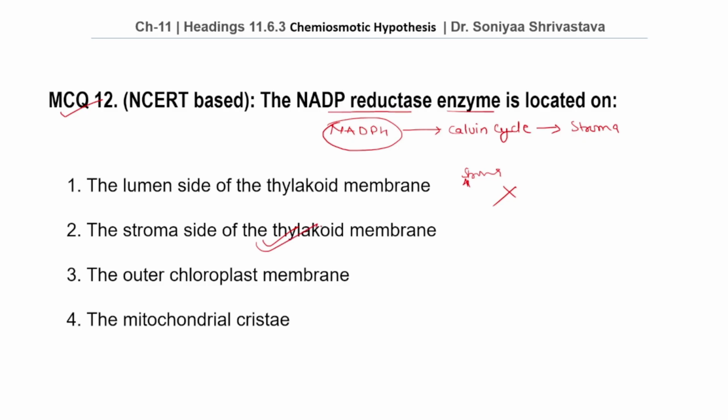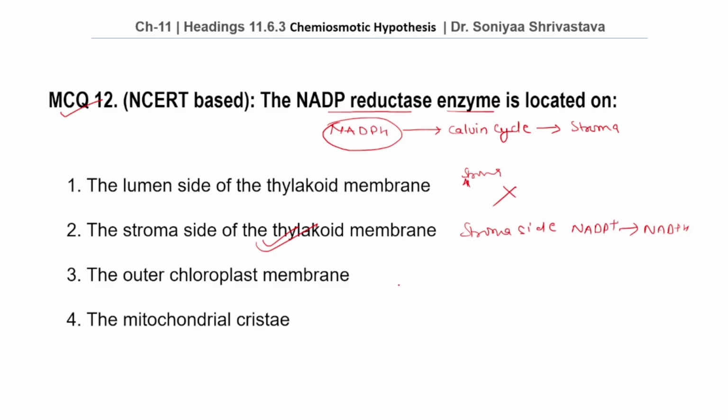Yes, this is the correct answer, as we have seen that NADP reductase is located on the stroma side. Why? Because it reduces NADP+ to NADPH. Since NADPH is required in the stroma for the Calvin cycle, the NADP reductase enzyme is strategically located on the stroma side of the thylakoid membrane.